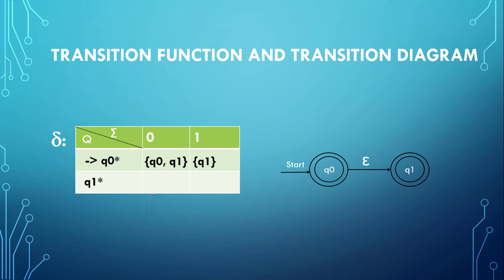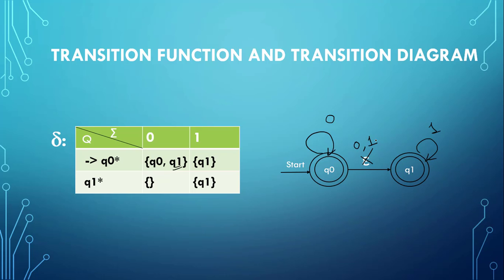Then for Q1 it will be empty set and Q1, right? So here as we had seen that the epsilon closure has Q1, which is our final state, appearing in our start state. So we will make our start state also final state, and we have Q1. Here instead of epsilon there is going to be 0, 1.